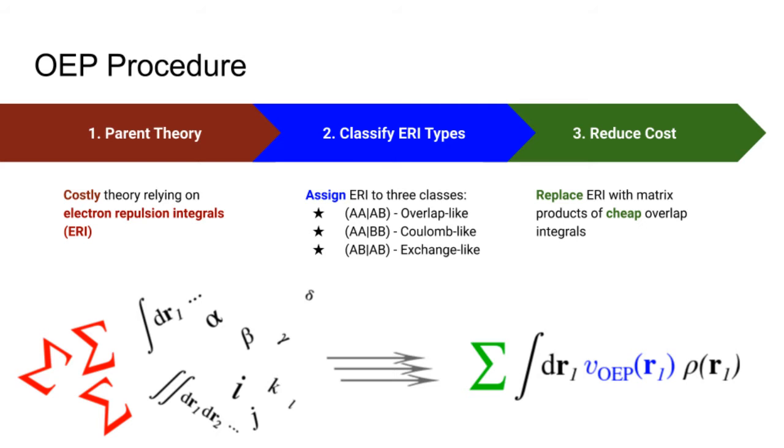This involves three centers associated with the same fragment, we call them overlap-like integrals, and two same centers, we call them here Coulomb-like or exchange-like integrals. In the third step, OEP procedures are applied separately on each of these groups of formulae. This is done to effectively eliminate electron repulsion integrals. In effect, it generates expressions which are much cheaper to be evaluated.